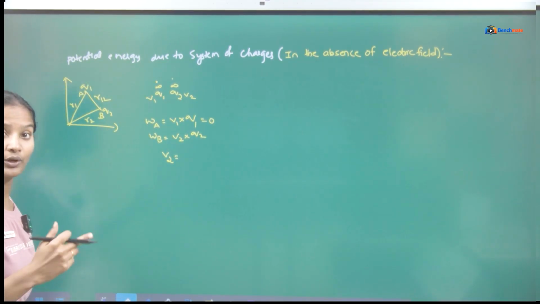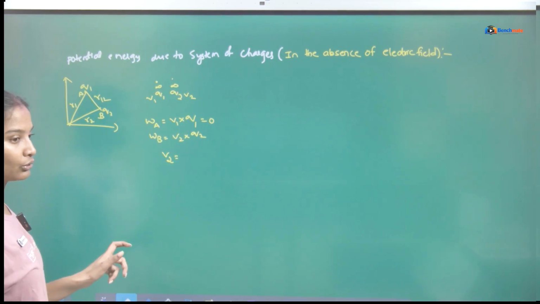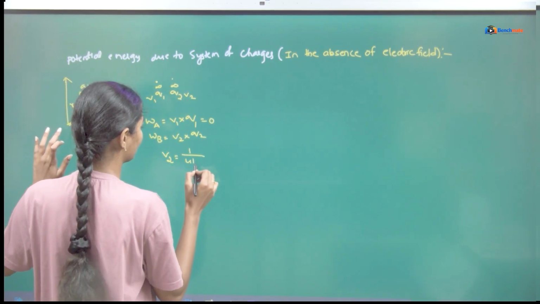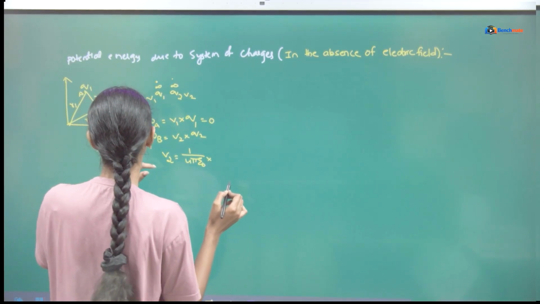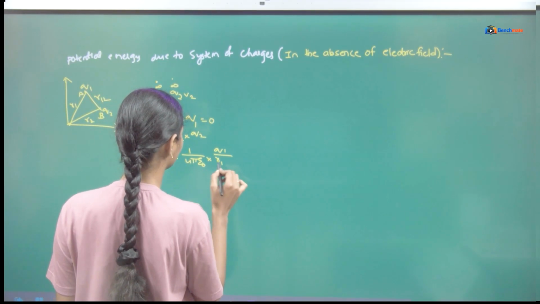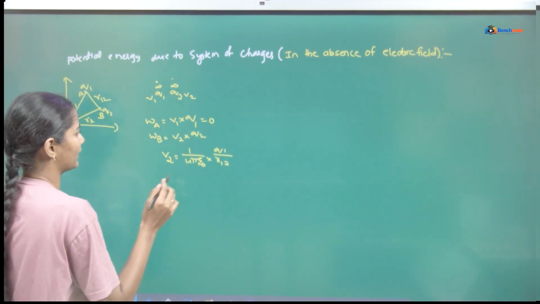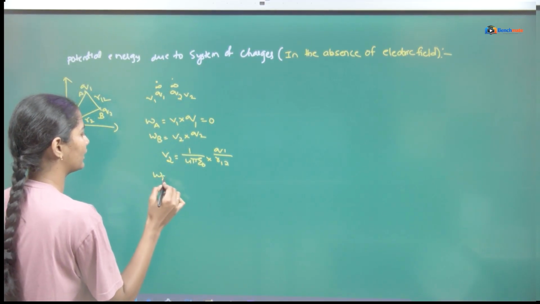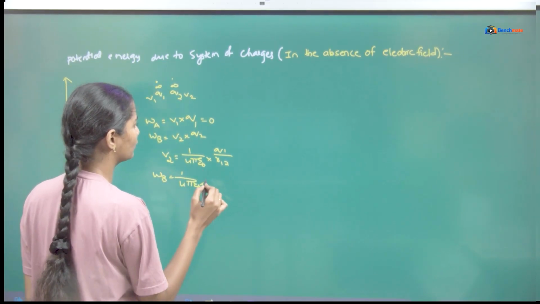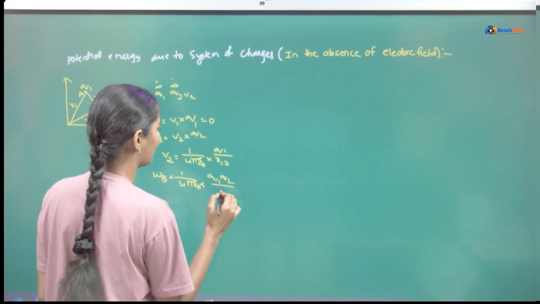So Q1 is going to oppose it, so Q2 needs to do work against Q1. So there you will have potential 1 by 4 pi epsilon naught. Who is creating this potential? The Q1 charge, and the distance between them, 1 to 2, that is R12. Now WB equals 1 by 4 pi epsilon naught into Q1 Q2 by R12.